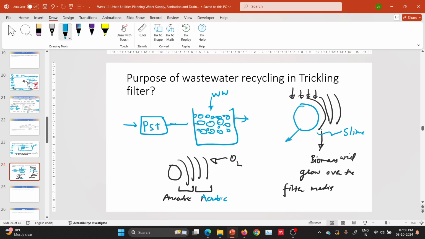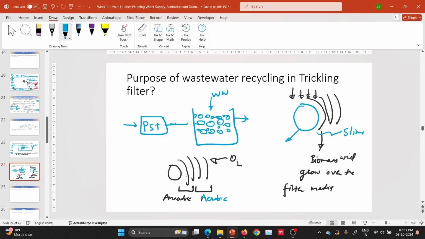The biomass layer which grows over the surface of the media is called the slime layer. It consists of microbes which rely on the dissolved biodegradable organic matter present in the sewage, and they consume it and the layer keeps growing.